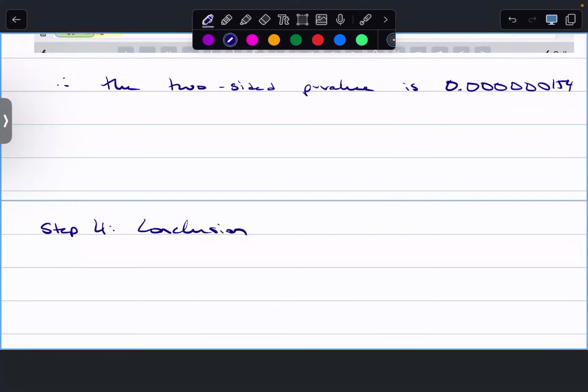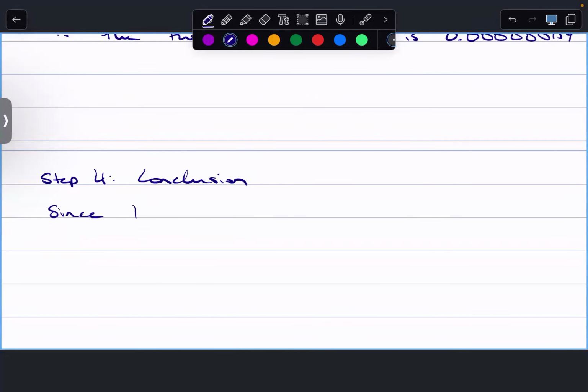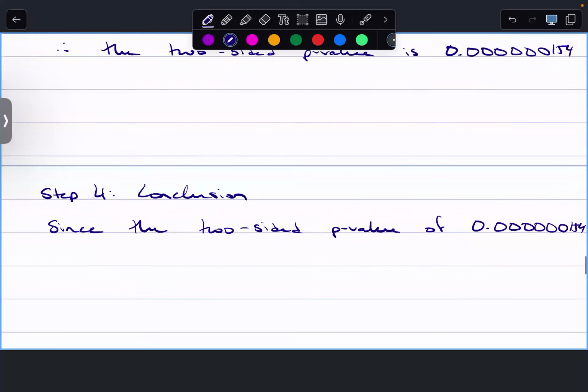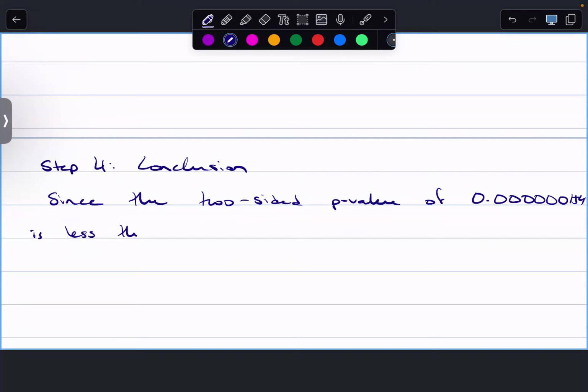Since the two-sided p-value, really show off everything that we have covered, is approximately 0.000000154, is less than alpha equal to 0.05, we have enough evidence to reject H naught, right?